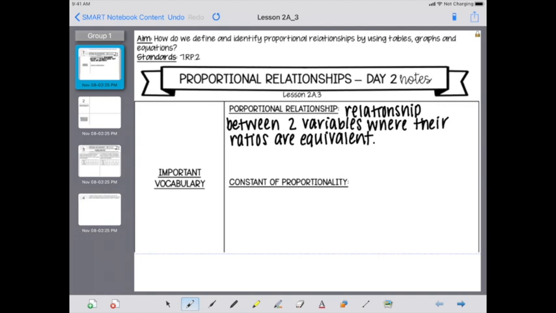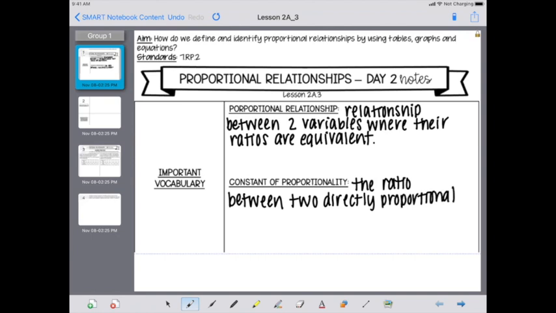All right, and the constant of proportionality is the ratio between two directly proportional quantities.